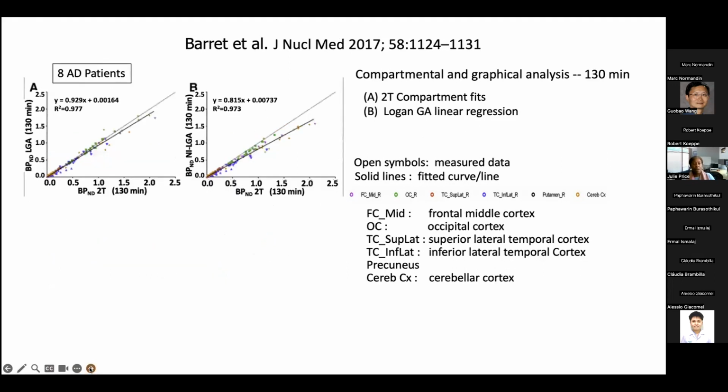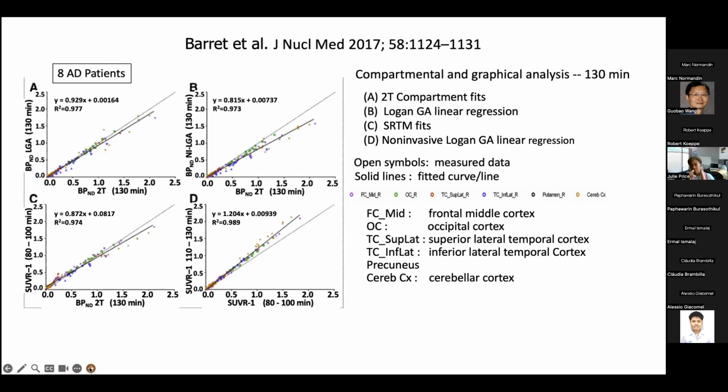Okay, moving along, we cut the time period down, and I think they began then to look at 80 to 100 minutes versus 110 to 130 minutes, particularly for the SUVR. There is an obvious bias even between the SUVR methods, but high correlation.